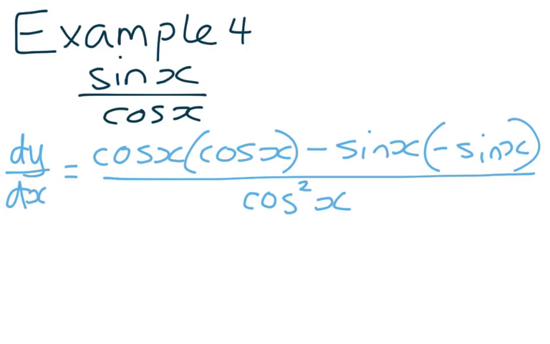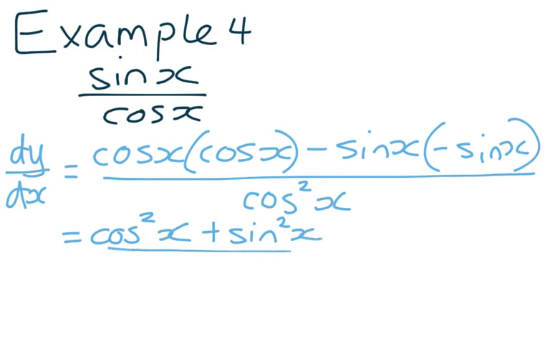Then we can expand the brackets, so we'd have cos squared x plus sine squared x over cos squared x. And if you remember, the Pythagorean identity is cosine squared x plus sine squared x equals 1. So that means the top part of our fraction here is 1, and we get 1 over cosine squared x.